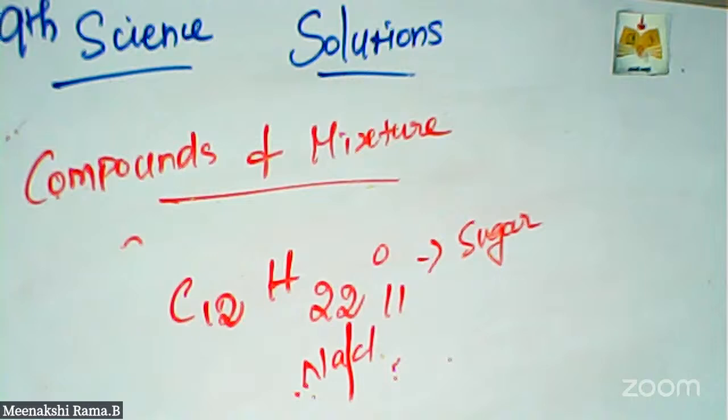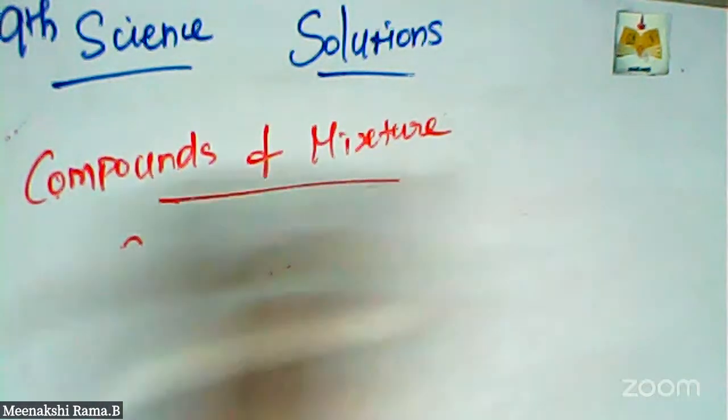Okay. Next one is mixture. What is a mixture? A mixture is an impure substance. The proportion is not clear. It contains two or more kinds of elements, but not in the right proportion.